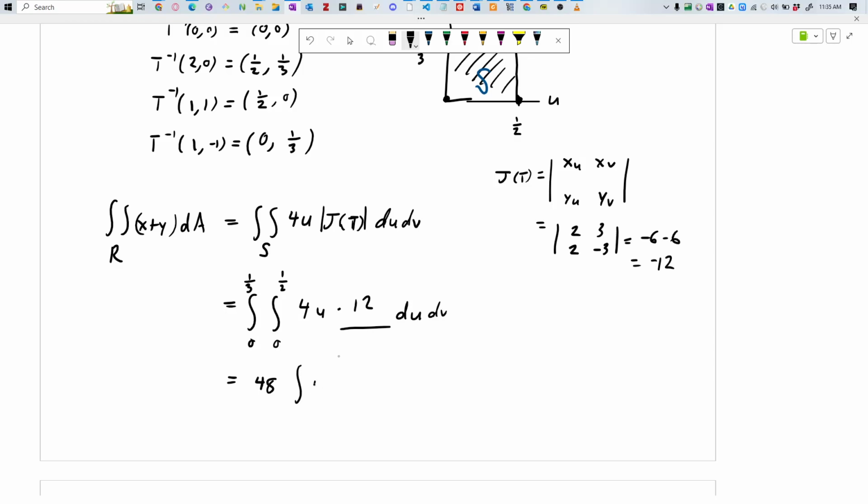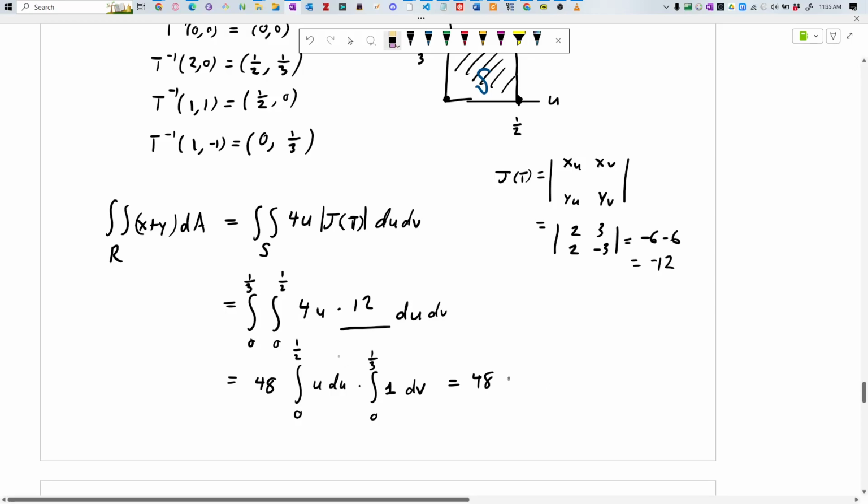So the integral of u du, u going from 0 to 1/2, multiplied by the integral from 0 to a third of the function 1 dv. Now let's compute that. It'll be u squared over 2 evaluated from 0 to a half. The other integral is just going to be the length of that interval.